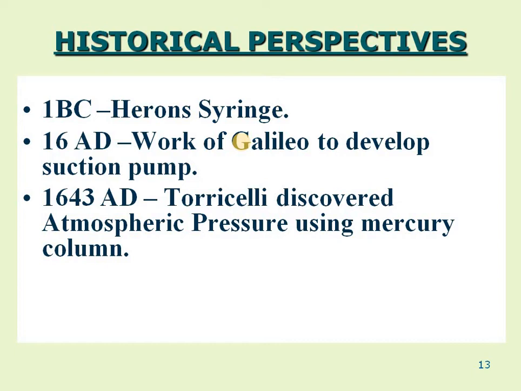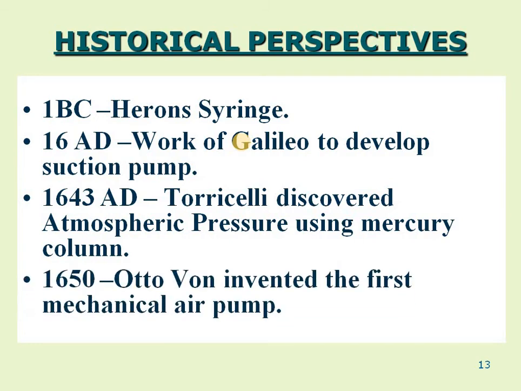The well-known experiments, you are familiar with it, so I won't make an effort to explain it. And in 1650, the German engineer Otto von Guericke invented the first mechanical air pump, which you all are familiar with, and most of the modern electric water pumps are examples of this mechanical air pump.